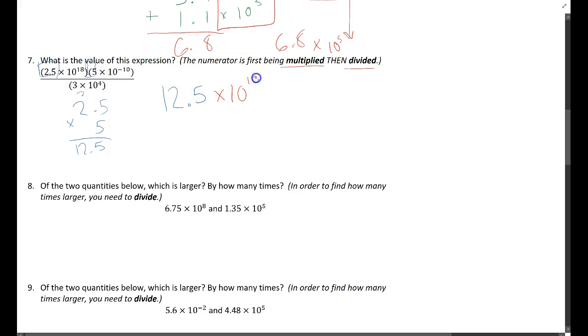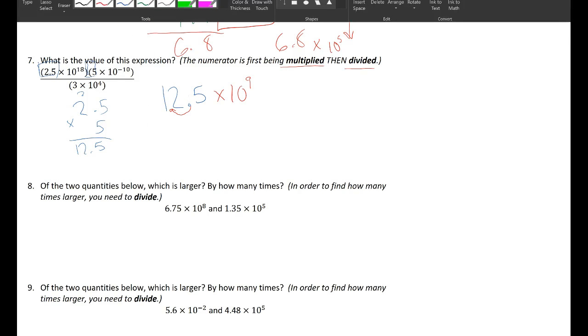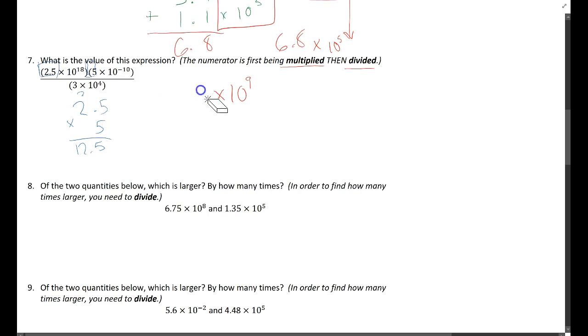Well, 18 plus negative 10 from the two powers that I already have gives me 8. However, this is bad scientific notation, so I'm going to move that. I move to the left, so I add 9. So I end up with 1.25 times 10 to the 9.